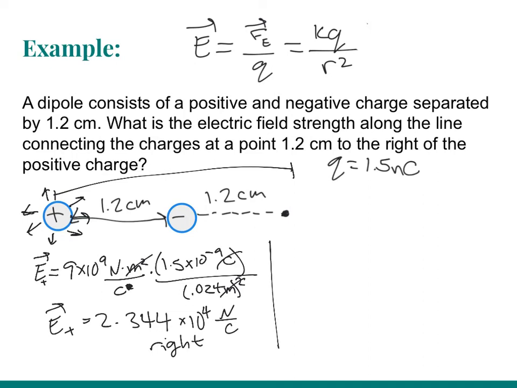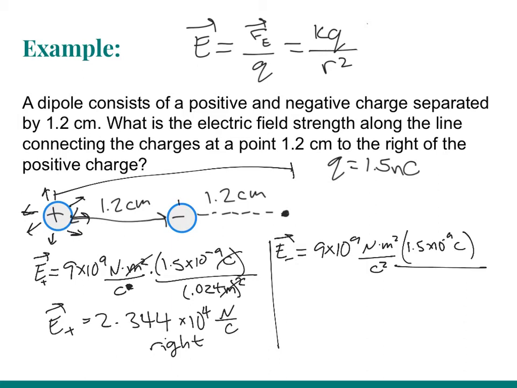Now we're going to do that same thing for the negative particle. The electric field of the negative equals 9 times 10 to the 9th newtons times meters squared over coulomb squared times the charge, which has the same magnitude, 1.5 times 10 to the negative 9th coulombs, divided by radius squared.